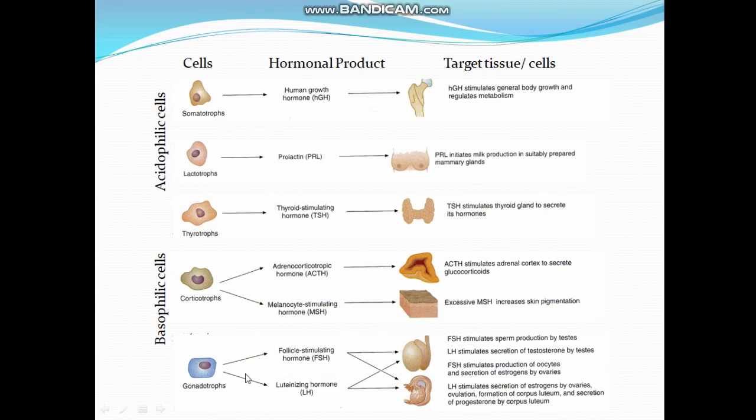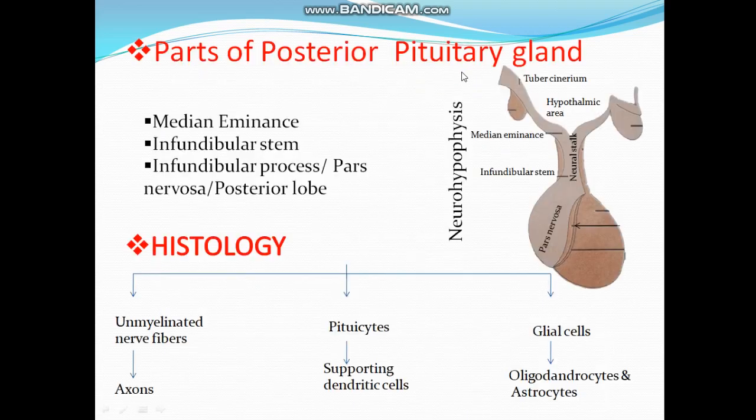The corticotrophs secrete ACTH that acts on the adrenal cortex of the adrenal gland and stimulates glucocorticoids. They also secrete melanocyte stimulating hormones that control skin pigmentation with the help of melanin pigment. Gonadotroph cells secrete follicle stimulating hormone that stimulates sperm production in the testes in males, and luteinizing hormone that stimulates estrogen secretion by the ovary during ovulation.